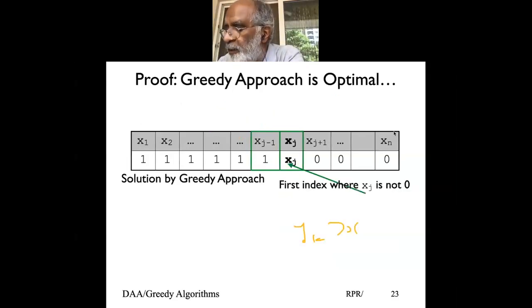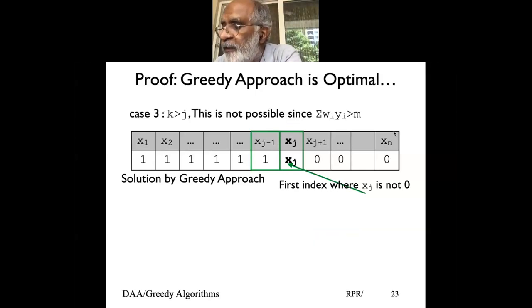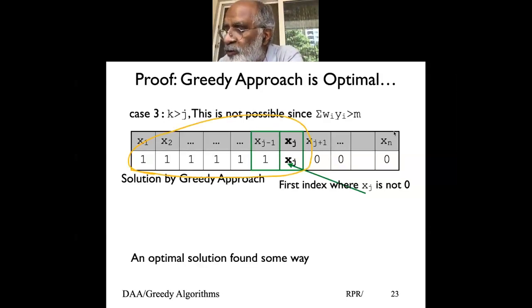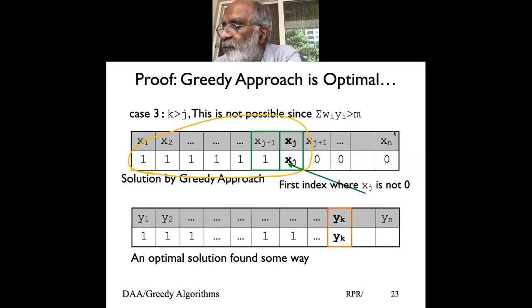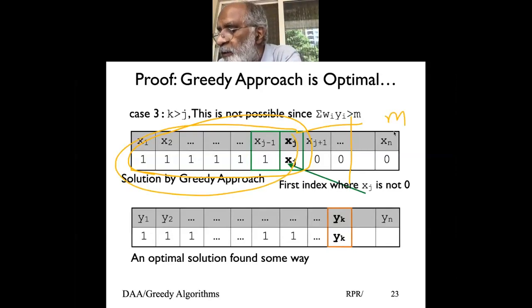And third possibility is k is greater than j. So till this point, if we look at, and we are saying this optimal solution, and we differ at some point here. Again, this cannot be possible because this weight already gives me m, and that means if I do some yk and this value is more than this, so this will give me greater than m, so this solution is not feasible.